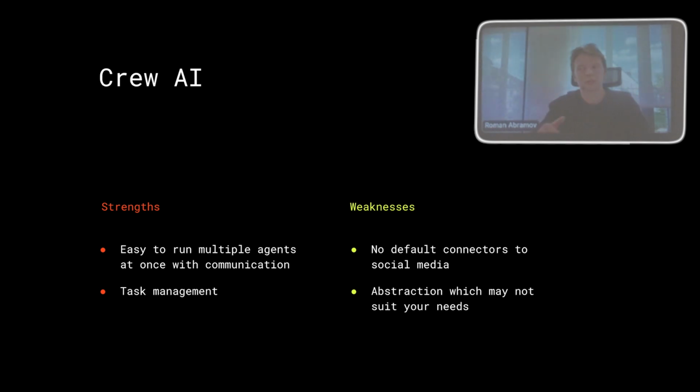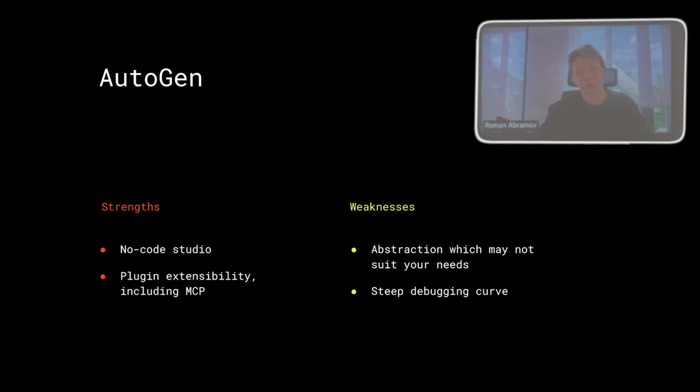Since there's already so much implemented, it is also an abstraction which may not always suit your needs. If you want deeper control over what the agent would do and how it is implemented, you should probably look into other frameworks like LangChain, because there you basically have more control of what is going on.